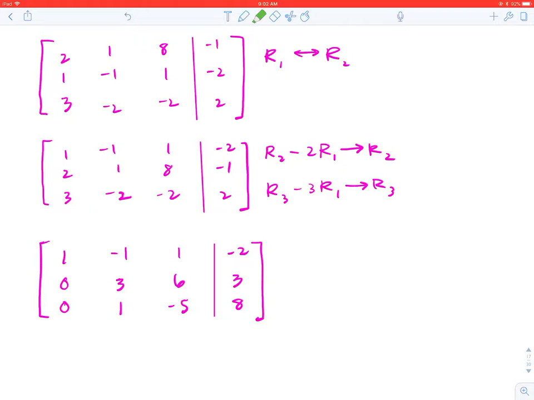So next, I'm working my way down. My first column's good. The second column, I want this 3 to become a 1. But I noticed that in row 3, we have a 1 in that position, in that second column. So I'm going to flip-flop row 2 with row 3.